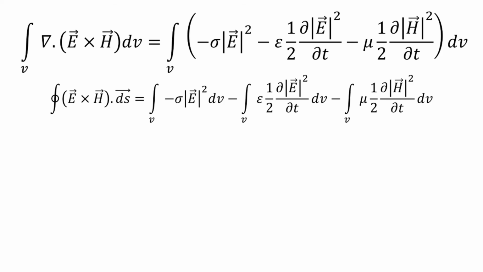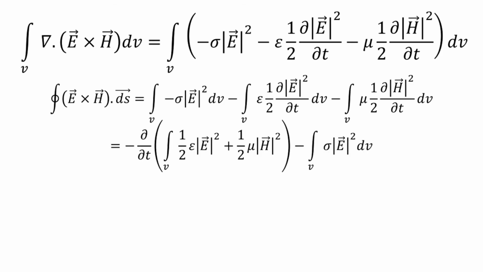I can rearrange these time differentiations together and I can write the closed surface integral of E bar cross H bar dot ds bar to be equal to minus dou by dou T of the volume integral of half epsilon E square plus half mu H square, minus the volume integral of sigma E square dV.